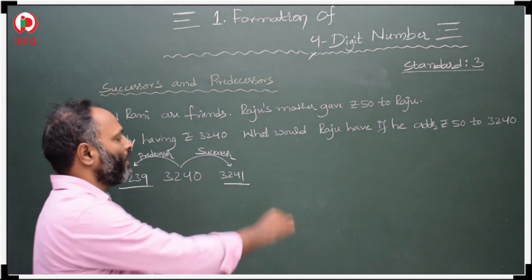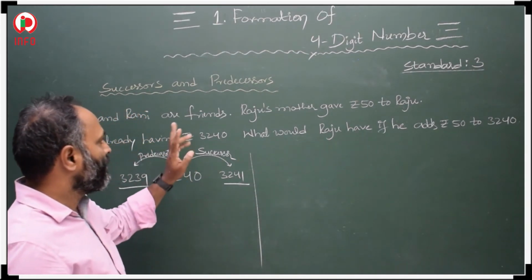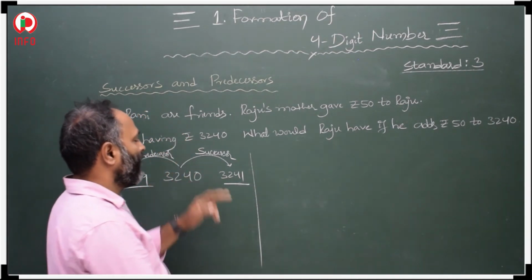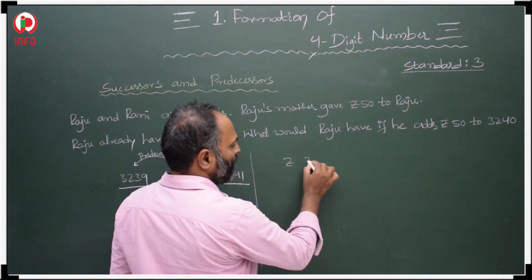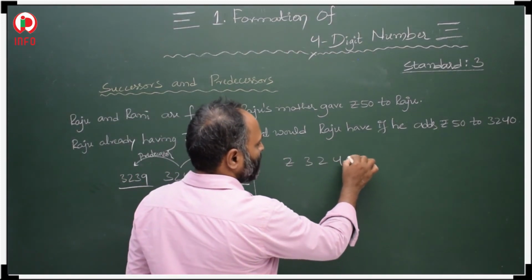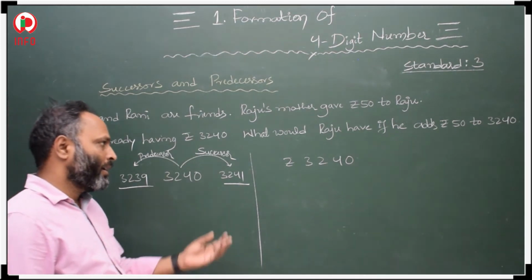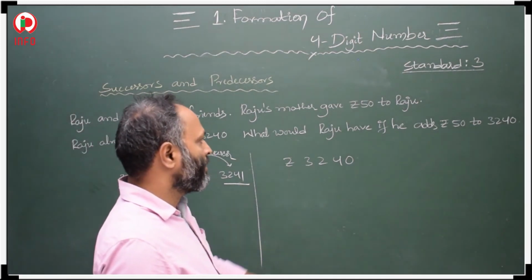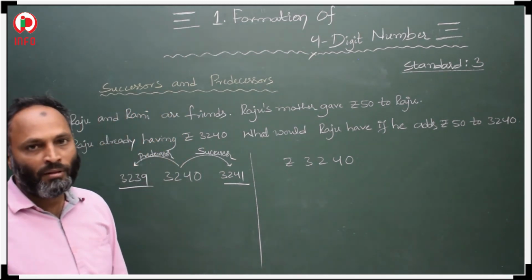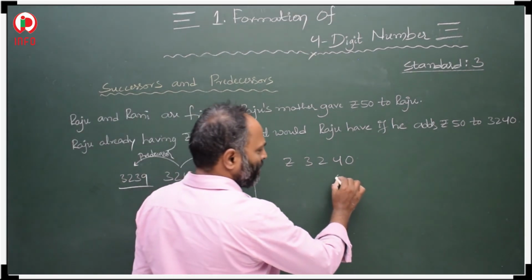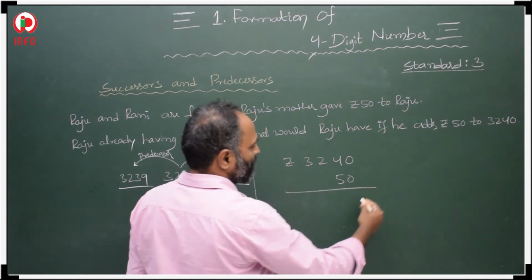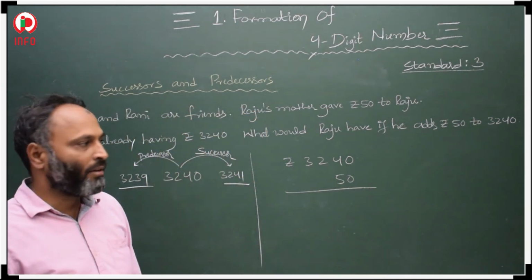Now in our problem, Raju already has 3,240 rupees, and his mother gave 50 more rupees.